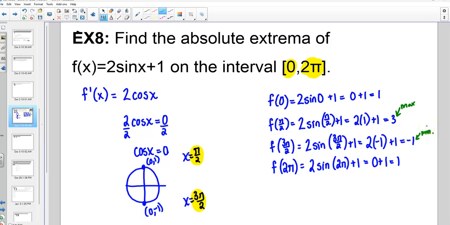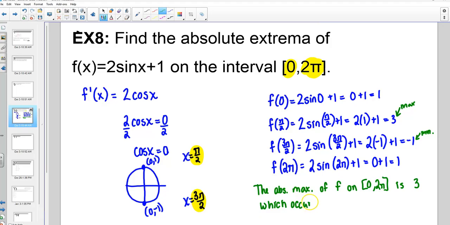And the best way to answer this, if it's free response, is to say the absolute max of f on the interval from 0 to 2 pi is y coordinate 3, which occurs at x equals pi over 2. That's the best way to say it.